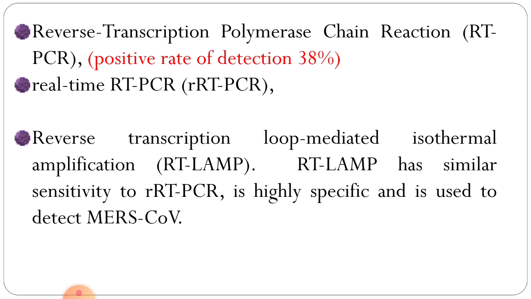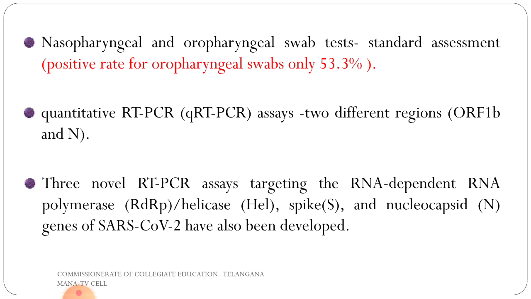Reverse transcription loop mediated isothermal amplification has similar sensitivity to RT-PCR, is highly specific and used to detect MERS-CoV. In nasopharyngeal and oropharyngeal swab tests, the standard assessment positive rate for oropharyngeal swab is only 53.3%.